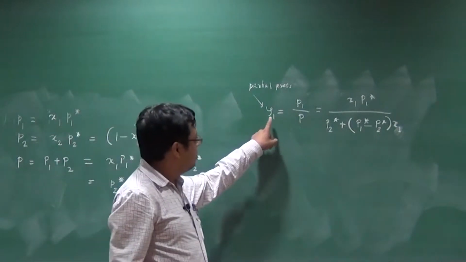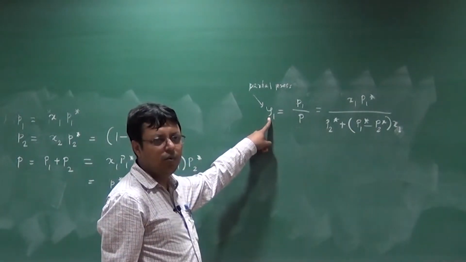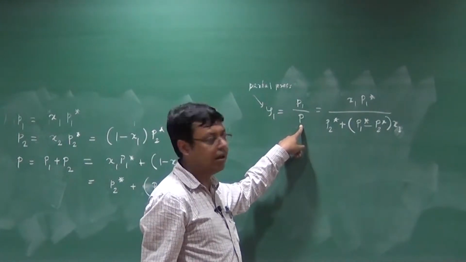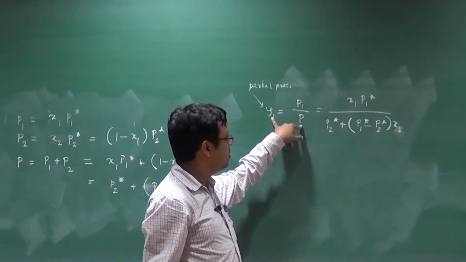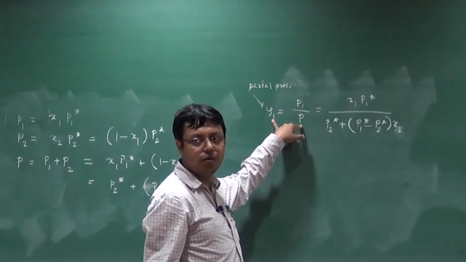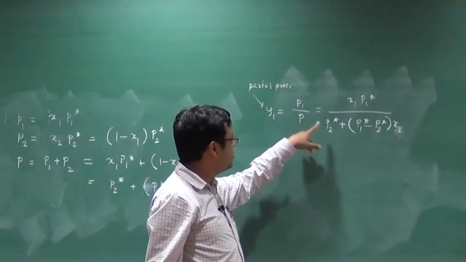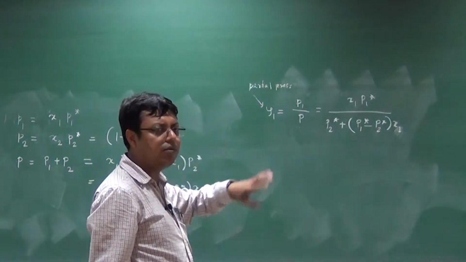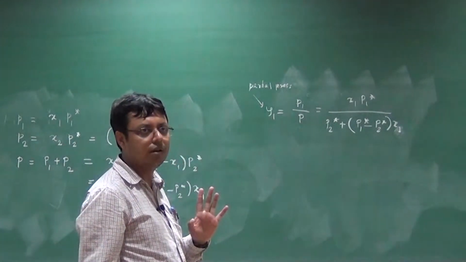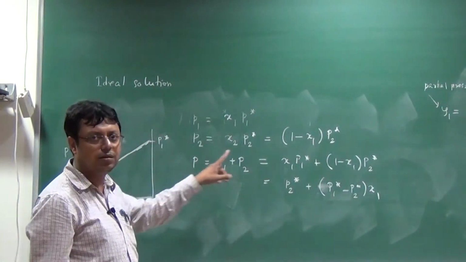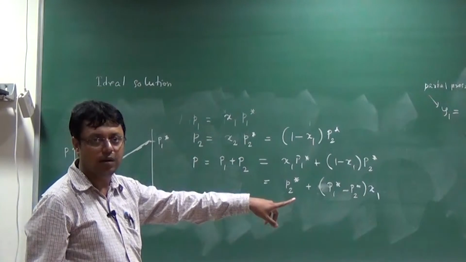Now look at it. Basically, I want an equation of this P with y1. Instead of writing it in terms of x1, I just want to replace x1. What I want is to write the total pressure versus y1.